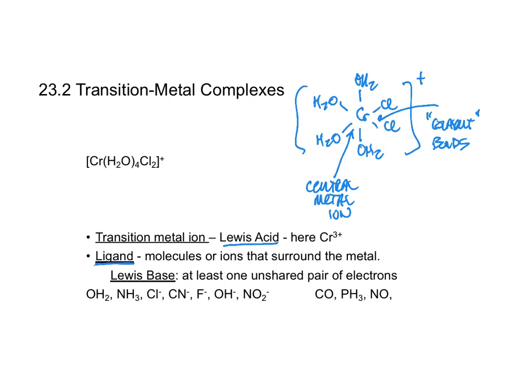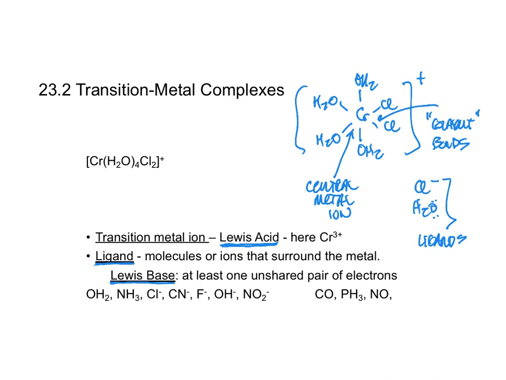The ligand. What is the ligand? Well, we have Cl- and we have H2O. Those are the ligands. And what does it say a ligand is? It's a molecule or an ion that surrounds the metal. And notice it's also given the name Lewis base. So that terminology that we had back in the acid chapter, you can see how it's going to apply as we go further.